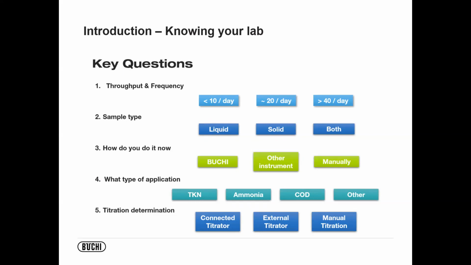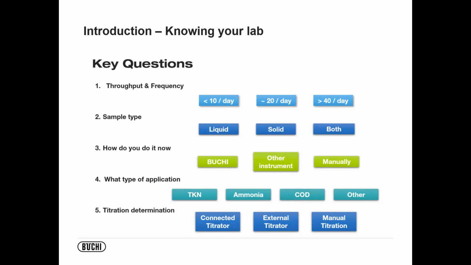That's really the key word. We want you to understand what your sample throughput is, and think not just now, but self-reflect on what your lab may look like in the future, because that could really determine what is needed from not only your core equipment standpoint, but the accessories, the testing methods, potential other methods that you may be running in the future, and so on.